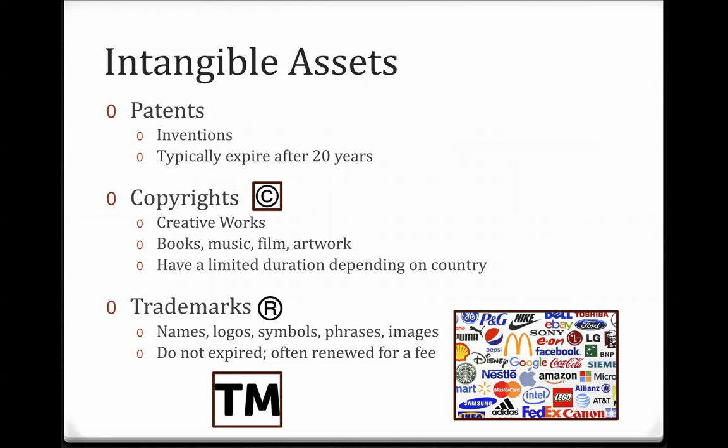That protects those from being used illegally. And they typically have a limited duration, depending on the country. I remember it changed in the United States as well too, but typically about 70 years after the death of the owner.